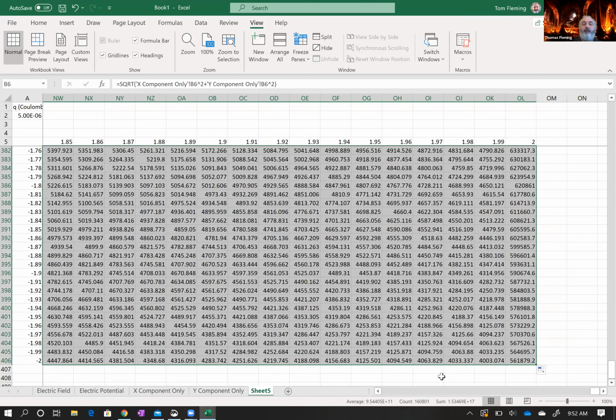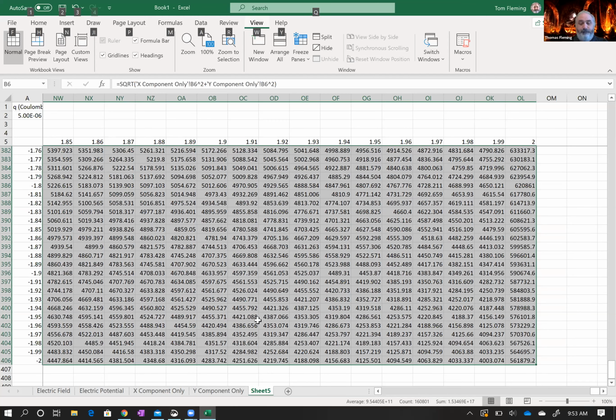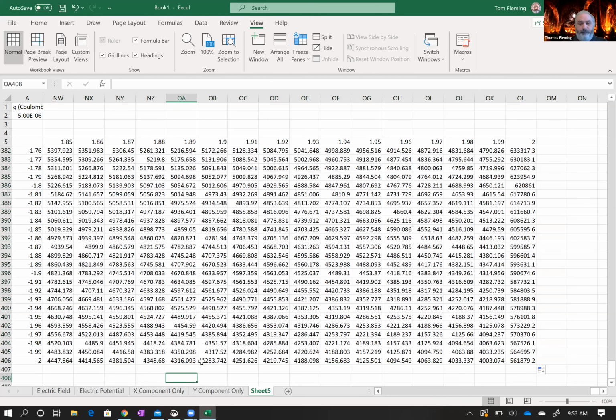So in principle, the electric field that I get this direction ought to be the same as the real electric fields.